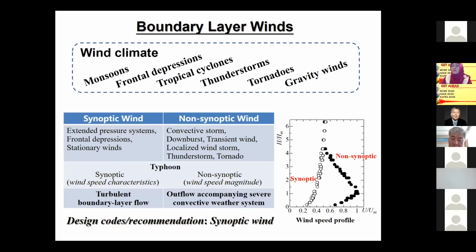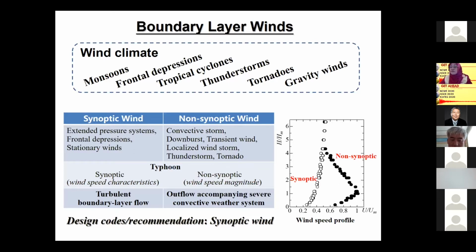But if we look at the wind speed magnitude in a typhoon process, it changes and increases during the process. So possibly people can consider it non-synoptic wind, but on a very long time scale. Usually when we consider the 10-minute mean period, we can consider typhoon as a synoptic wind process also. So what is the difference between synoptic and non-synoptic wind?